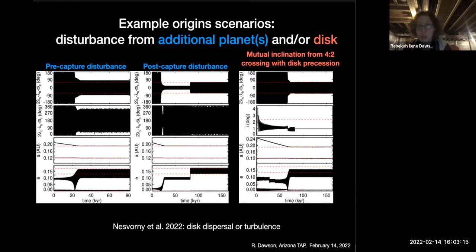And then there's a recent paper exploring how dispersal of the disk or turbulence in the disk could help shake things up a bit as well. So this is kind of the opposite of the other two cases I talked about. With the other two cases, I was saying, well, maybe they migrated in or formed there and then had this strong disturbance that led to high eccentricity tidal migration.